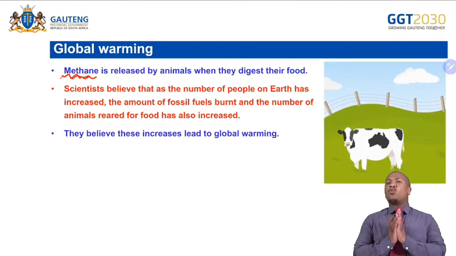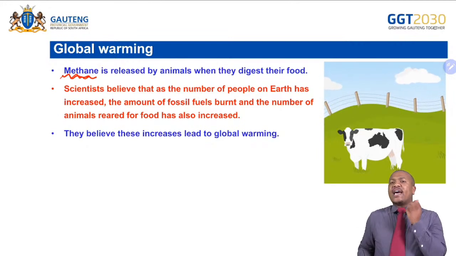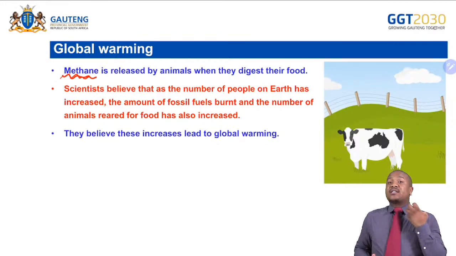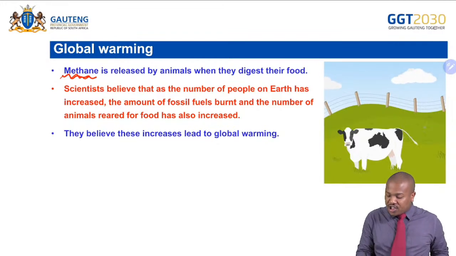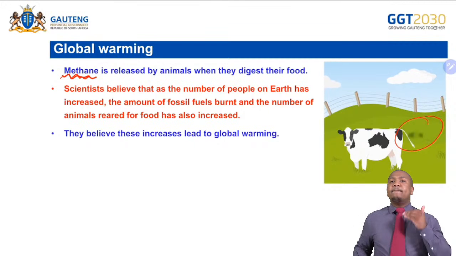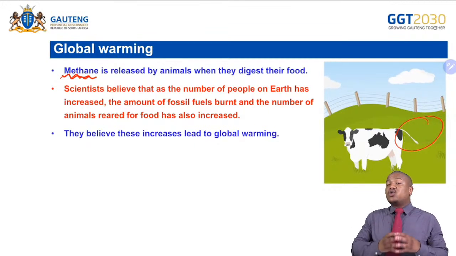So now here is one animal, a cow. During digestion, a cow digests food and also excretes. During excretion, it excretes a gas which is called methane. And methane is one of the greenhouse gases that also contribute to global warming.